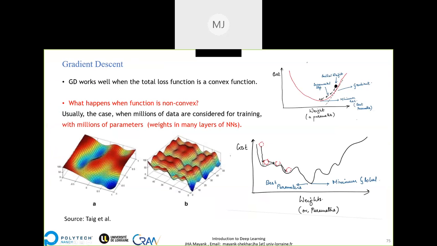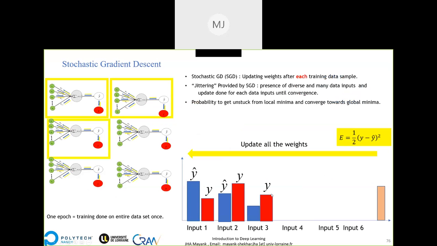You might have a small error here, but the next step will have a large error, and this large error will give it some probability to explore and finally find the global minima. So that's the whole idea. That's what we do here.